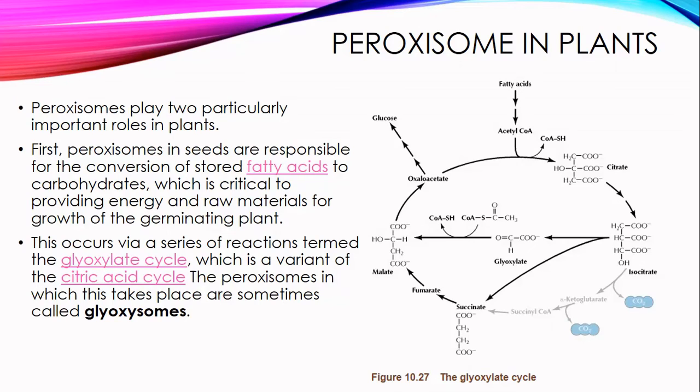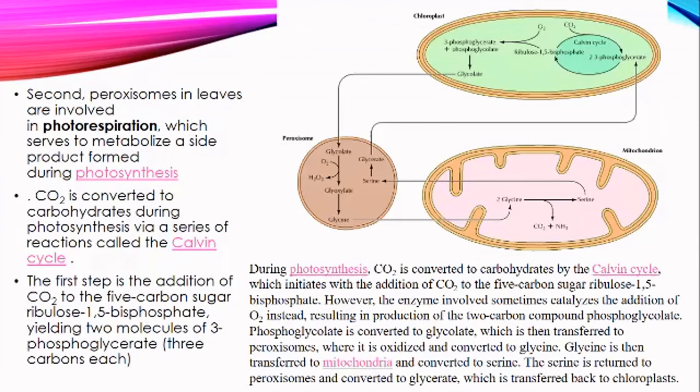It will directly transform to succinate or glyoxylate. Then the glyoxylate will transform directly to malate. Pwede din siya hindi mag-develop or transform into fumarate. So peroxisomes in which takes place are sometimes called glyoxysomes. So that is happens sa plants.